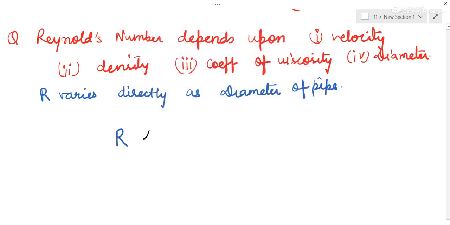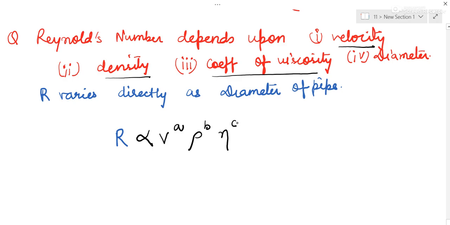And it is depending upon, first, velocity to power A, density to power B, coefficient of viscosity eta to power C, and diameter to power D. This is velocity, density, coefficient of viscosity, diameter, and this is Reynolds number.